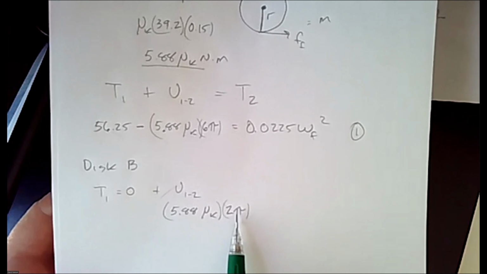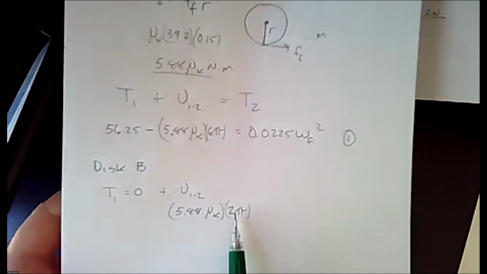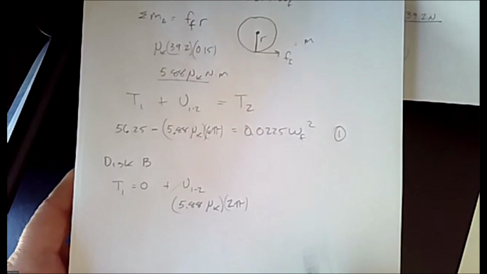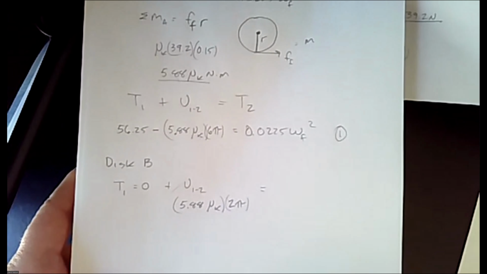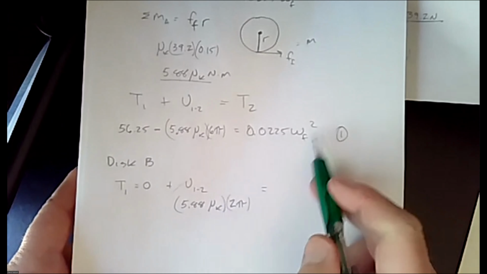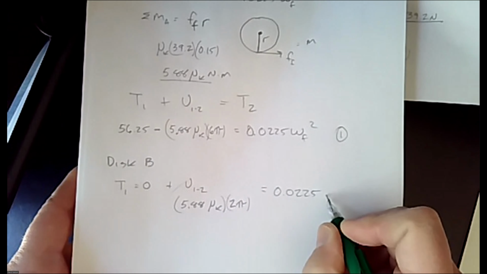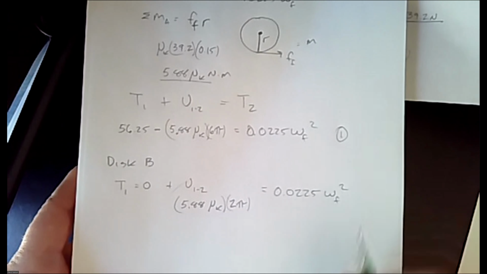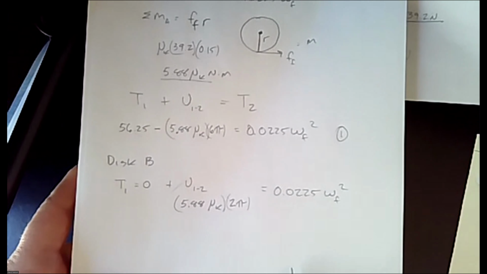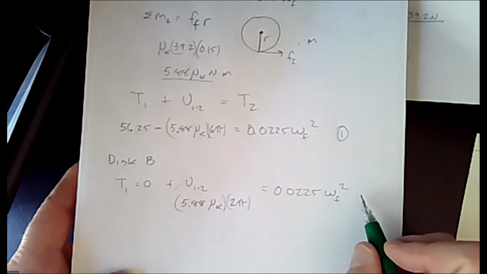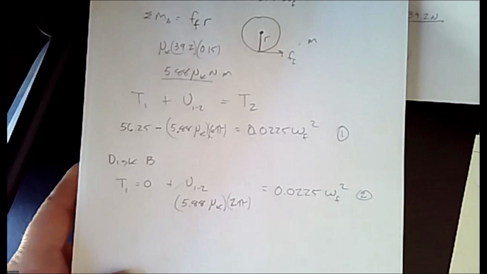And then times 1 revolution. And then that is going to equal the final, which is just the same as this, right? 0.0225 omega final squared, because A and B are moving in the same direction. So this is equation 2.